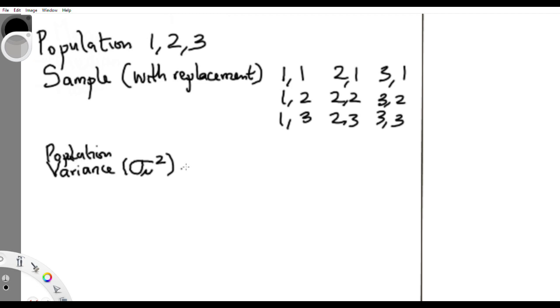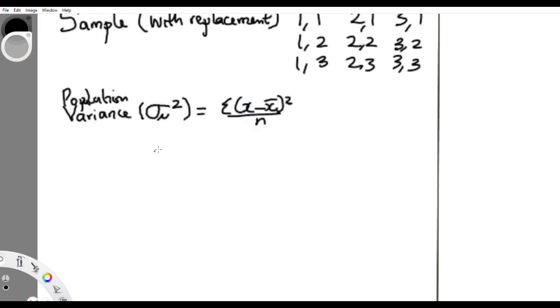Remember the formula for finding variance. Since this is not grouped data, you can just say summation of x minus x bar squared all over n. And remember, using a table is not just for grouped data.